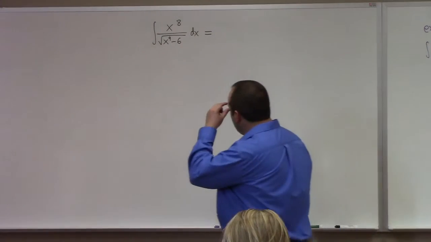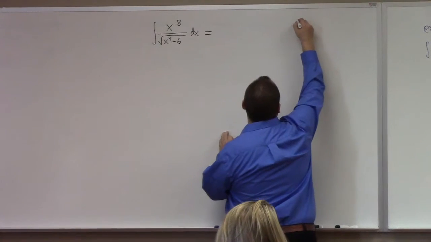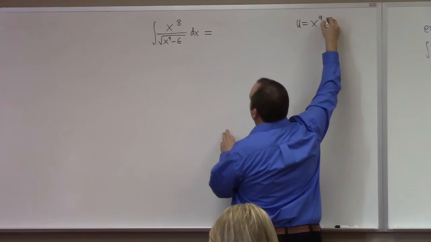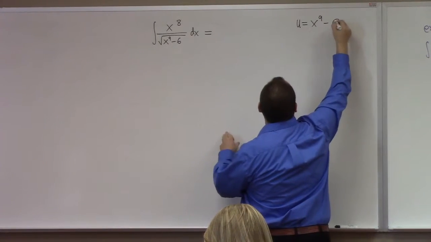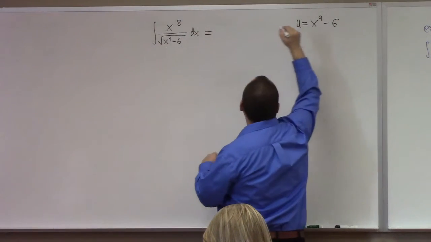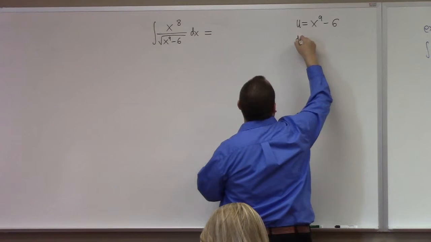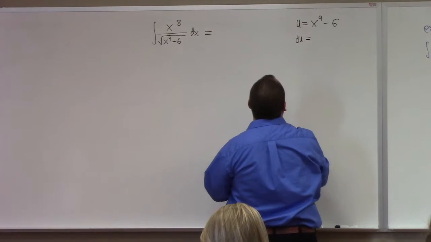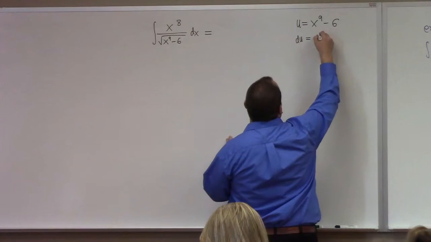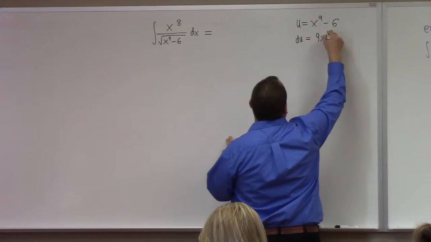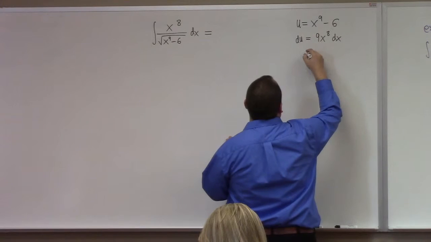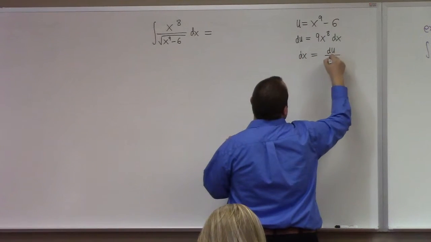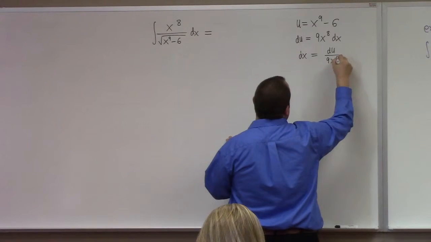So, I think what we're going to do is let u equal x to the 9th minus 6. Right? So what will du be then? Very good. So I can solve for dx, right? du over 9x to the 8th.